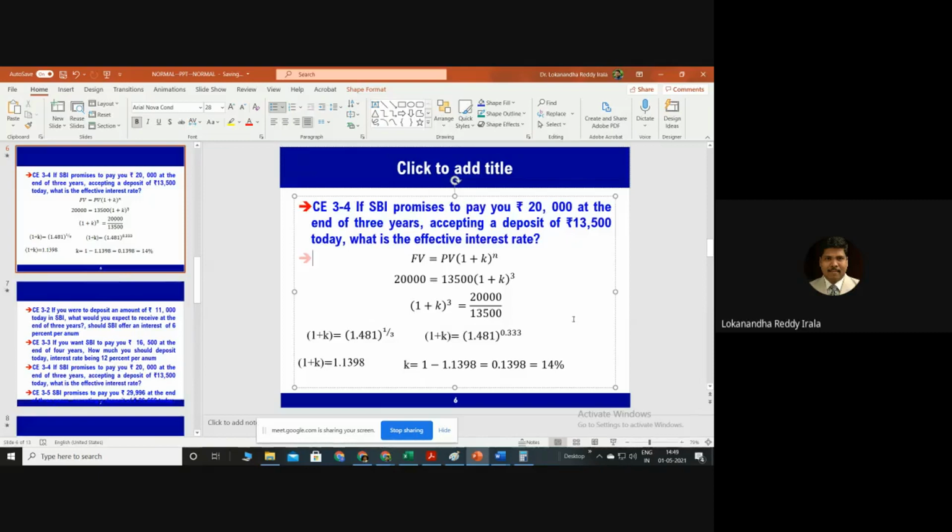So now what we have learned, using one formula, we have learnt to find out what your amount will grow to after a certain period of time. That means after 4 years, 3 years, how much your amount today will grow to.